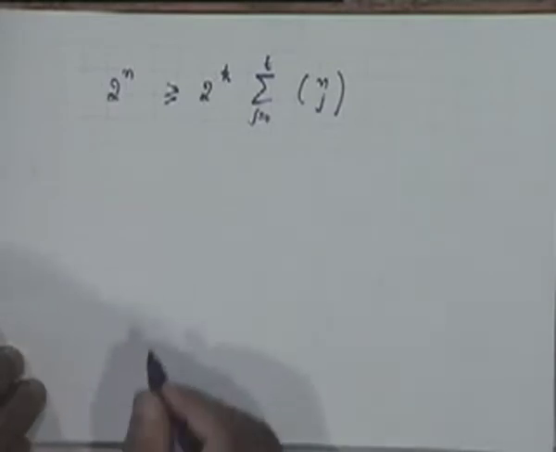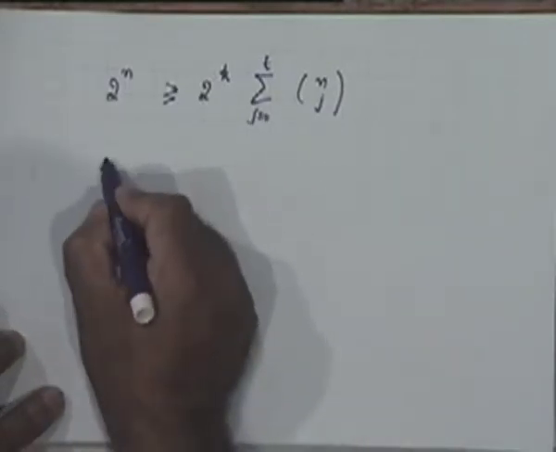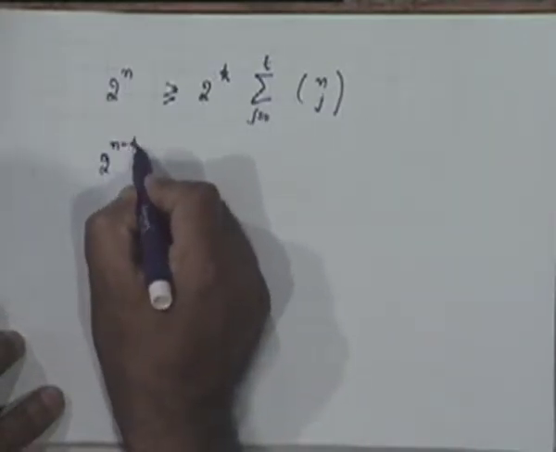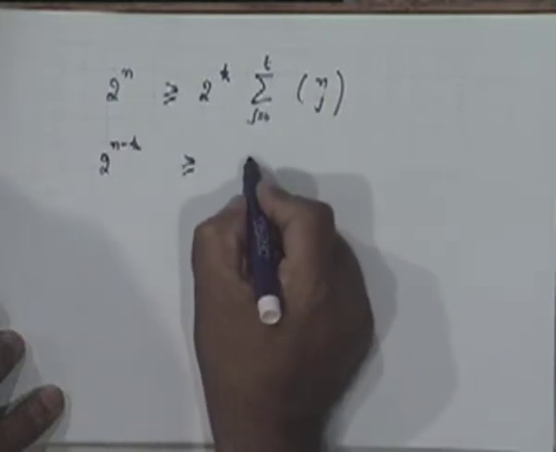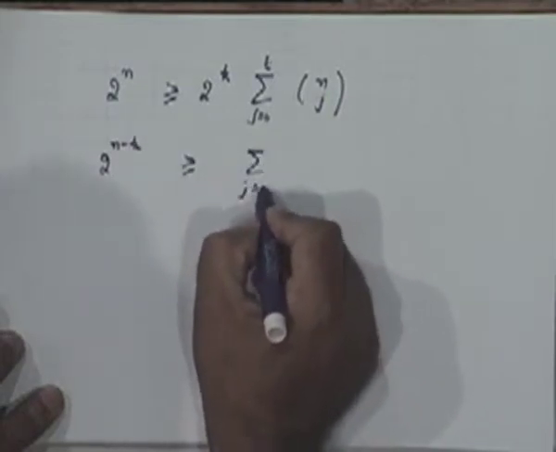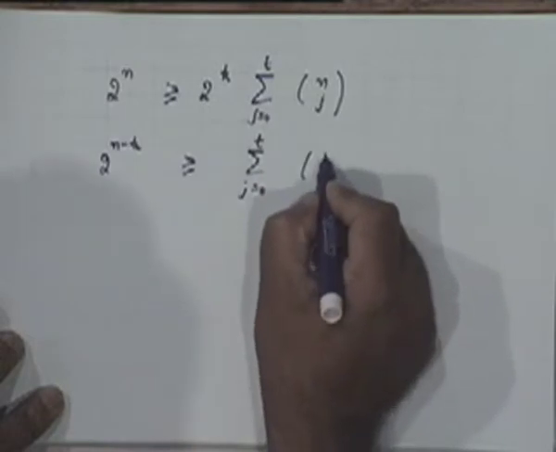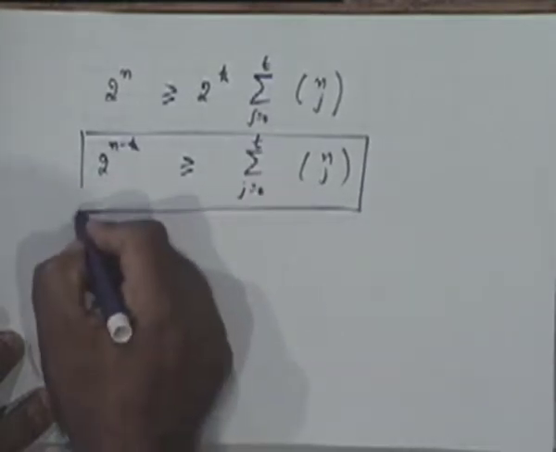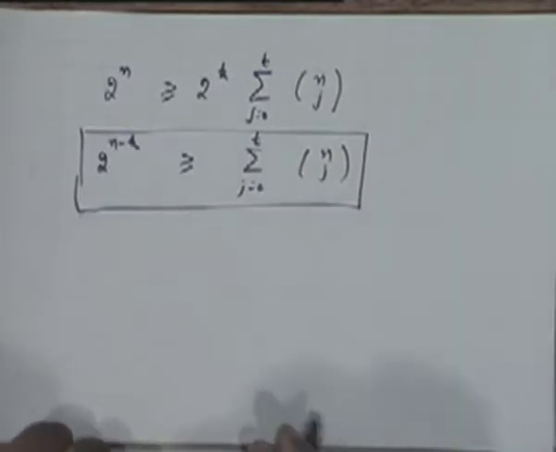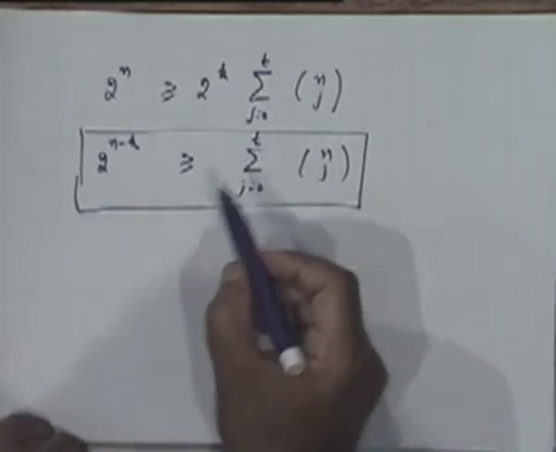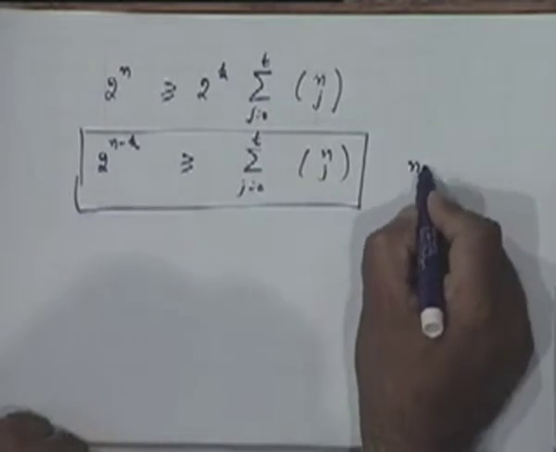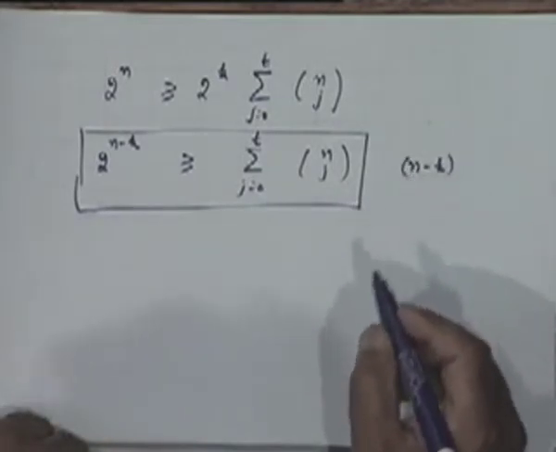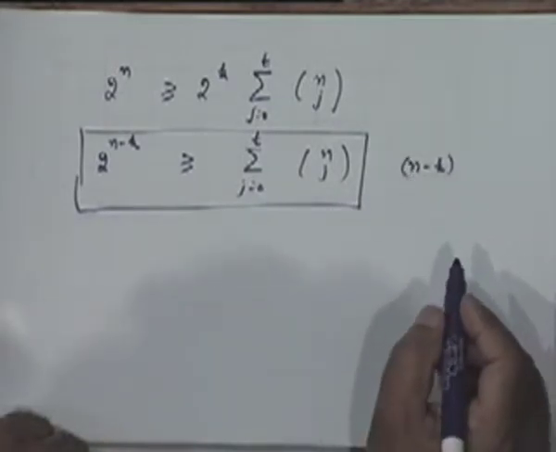That is our result, which is sometimes also put in this way: 2 to the power n minus k is greater than or equal to this. It tells me, if I want a t error correcting code, how many check bits, n minus k, is the number of additional check bits or redundant bits that I am adding, isn't it?